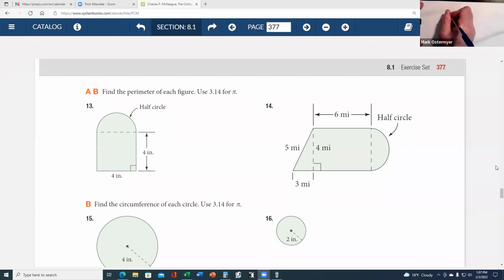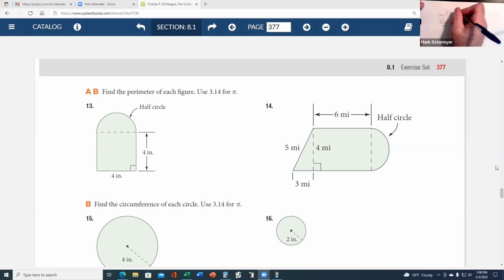And so let me draw this picture in entirety on my paper. I'll try to sketch it. Just bear with me if you could. They tell us this is 3 miles here. This is 5 miles.